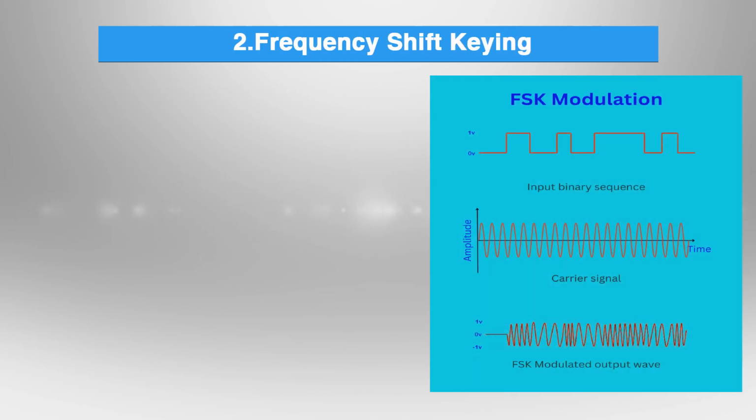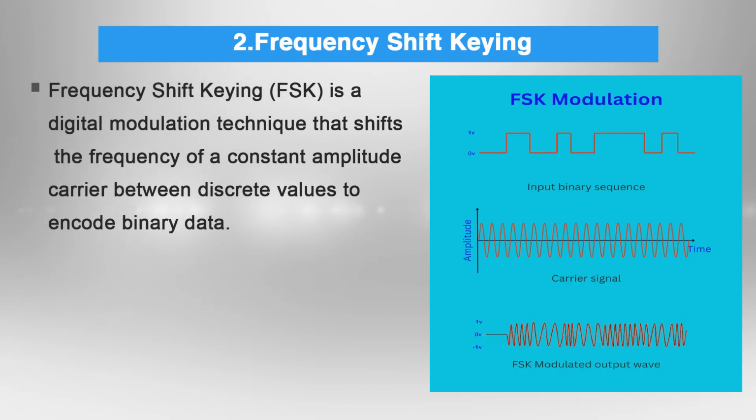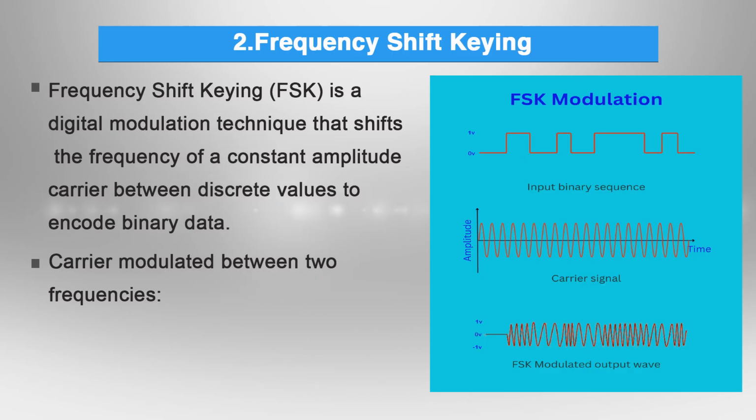Second type of shift keying is frequency shift keying. Frequency shift keying (FSK) is a digital modulation technique that shifts the frequency of a constant amplitude carrier between discrete values to encode binary data. These carriers are modulated between two frequencies.